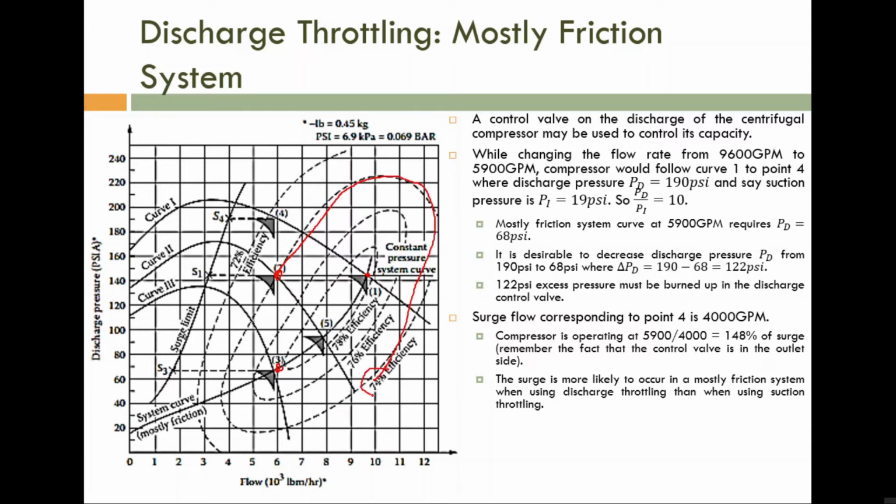Corresponding to operating point 3, the efficiency is around 78%. So the mostly friction system is more efficient compared to the constant pressure system. That is the third difference that we have.